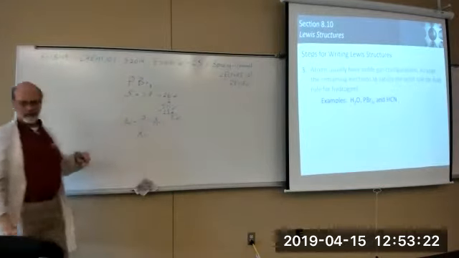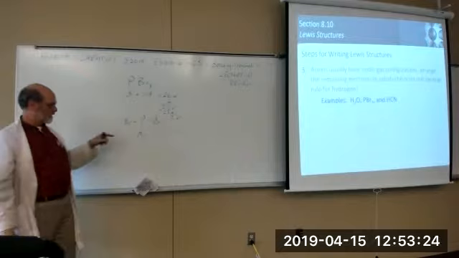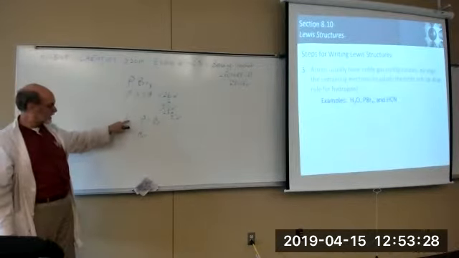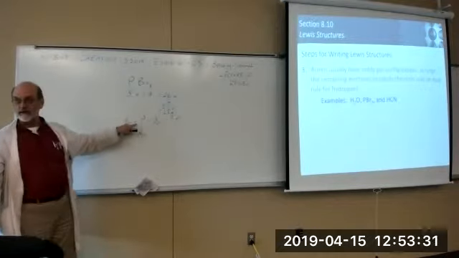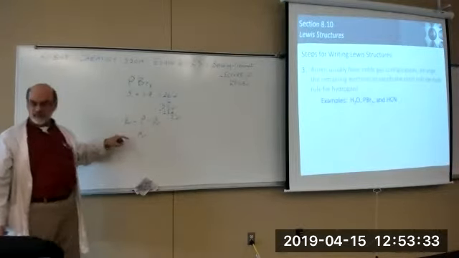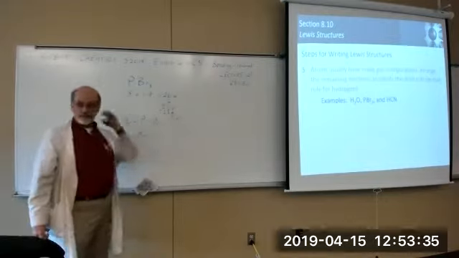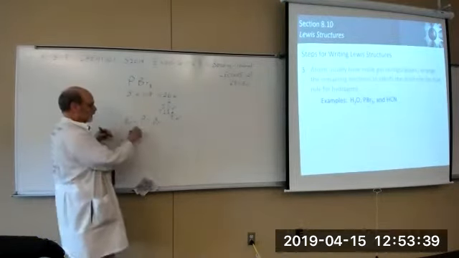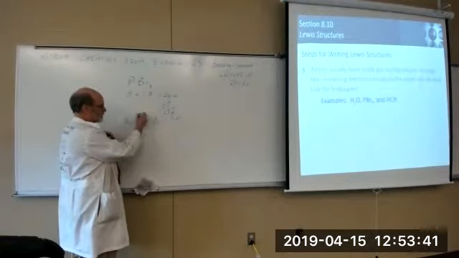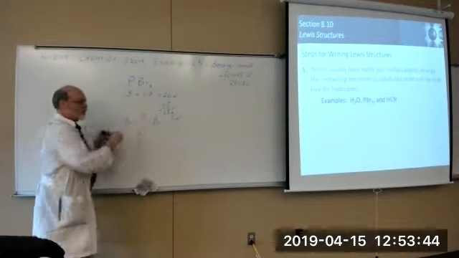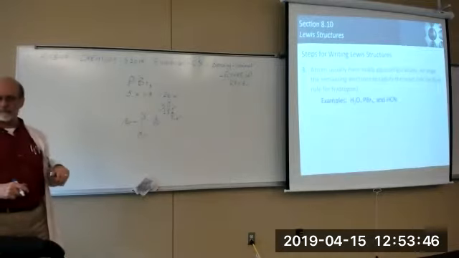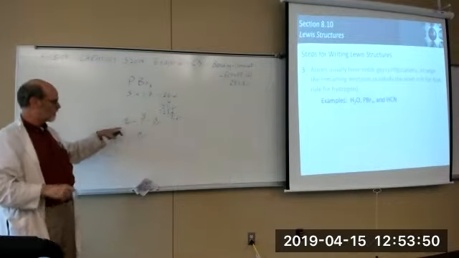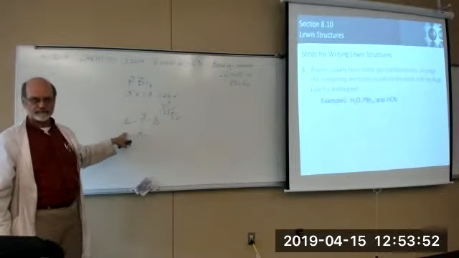Why did I stop there? Because bromine has an octet now. Each bromine has 2, 4, 6, 8. So that's why I stopped, and I've got 2 left over. So where do they go? Well, we keep moving inward. The only place they can go is on phosphorus. So those 2 go on phosphorus as its lone pair. That's your valid Lewis dot structure for phosphorus tribromide.